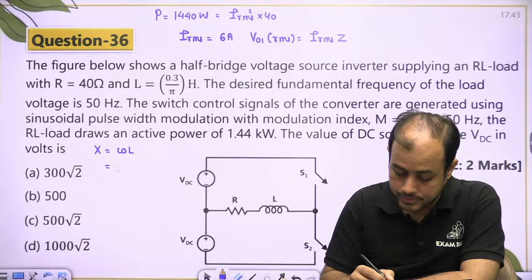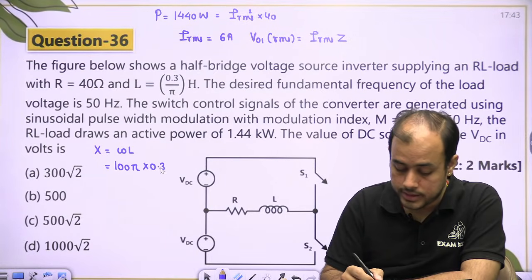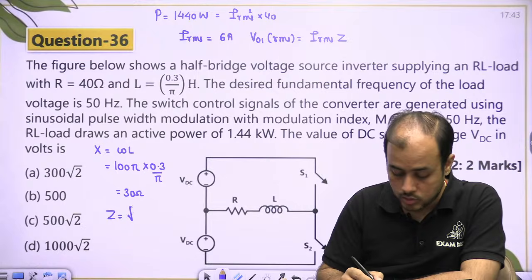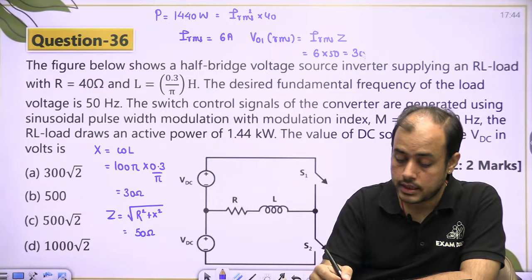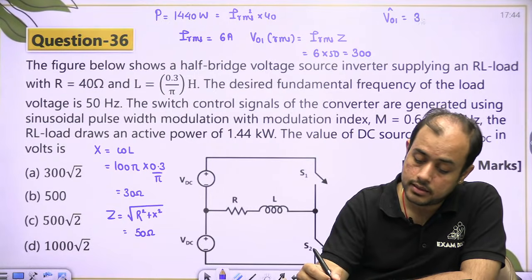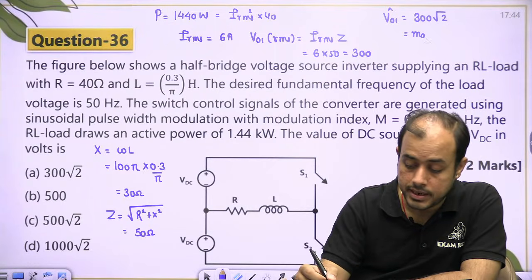Omega L. Omega will be 100 pi because fundamental frequency is 50. So 30. Z will be root R square plus X square. 40 and 30 will make 50. 300. So what is the fundamental peak? 300 root 2. Now this will be M into VDC.